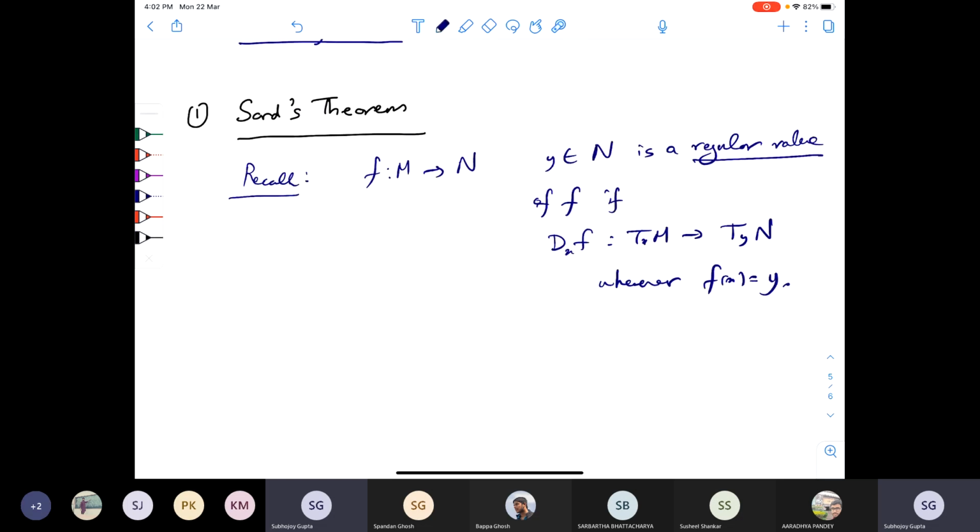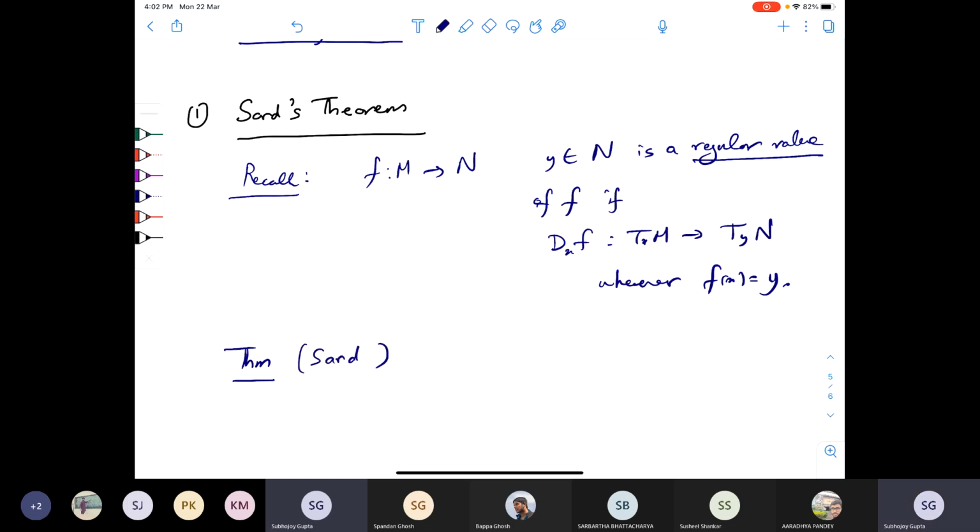Okay, so what is Sard's theorem? Sard's theorem says the following. So that if you have any such smooth map, maybe I should write things down. This is Sard.